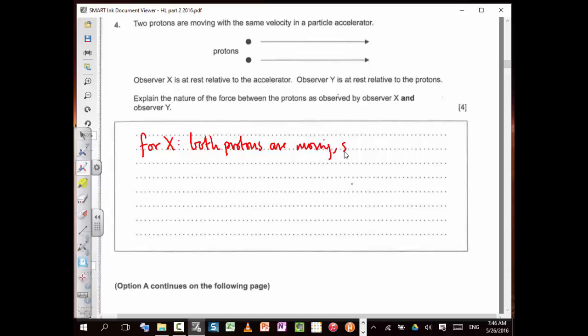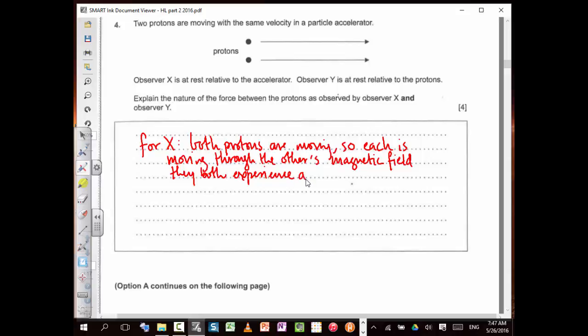So both protons are moving, so each is moving through the other's magnetic field. They both experience a magnetic force.